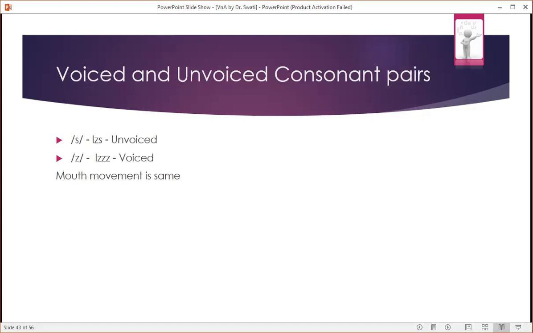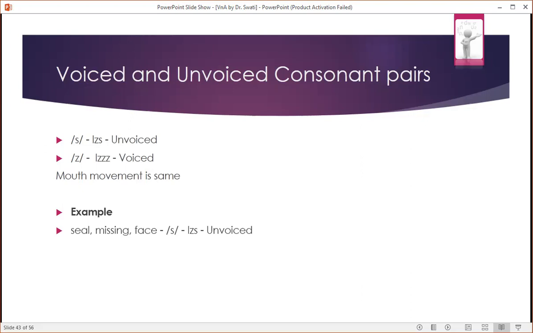Let's go and check more pairs. Now we have a pair which is again rather easy to remember. It's the s sound, where we are not using the throat, and the z sound, where we are using the throat. Let's see the examples.